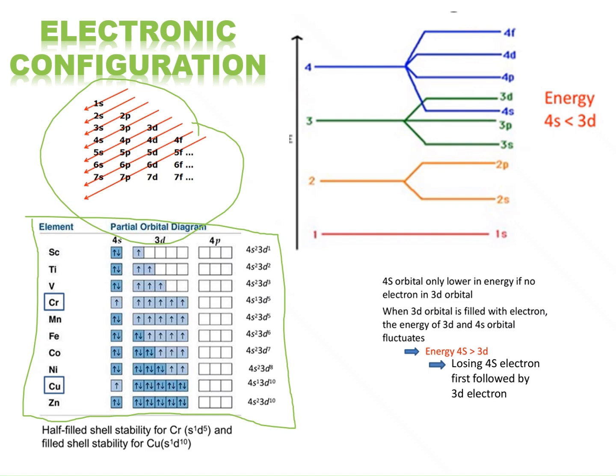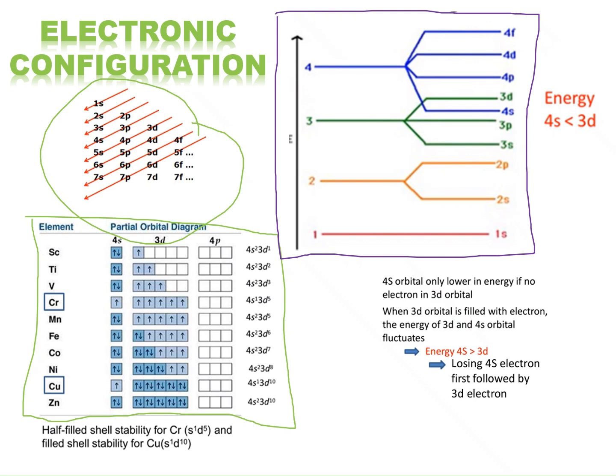And this diagram right here is showing you the energy level n, where n equals 1 until n equals 2, 3, 4, 5, 6, and so on. When n equals 1, there's only one orbital, 1s.